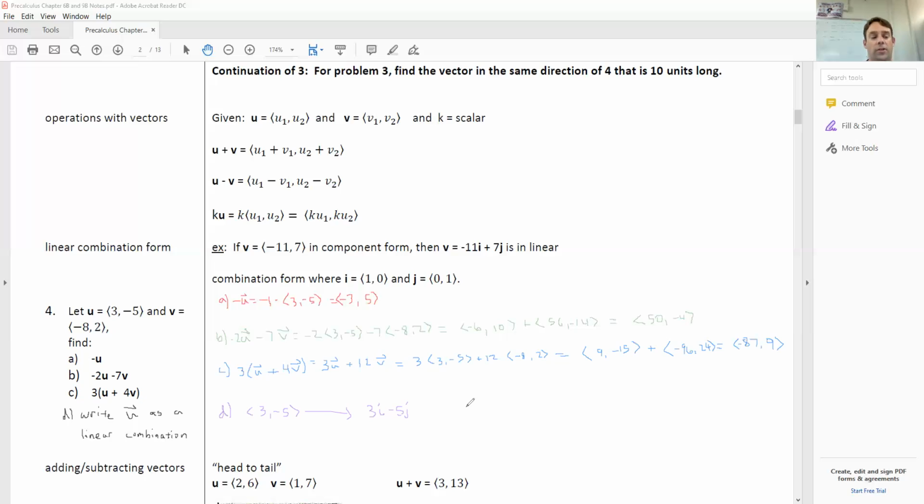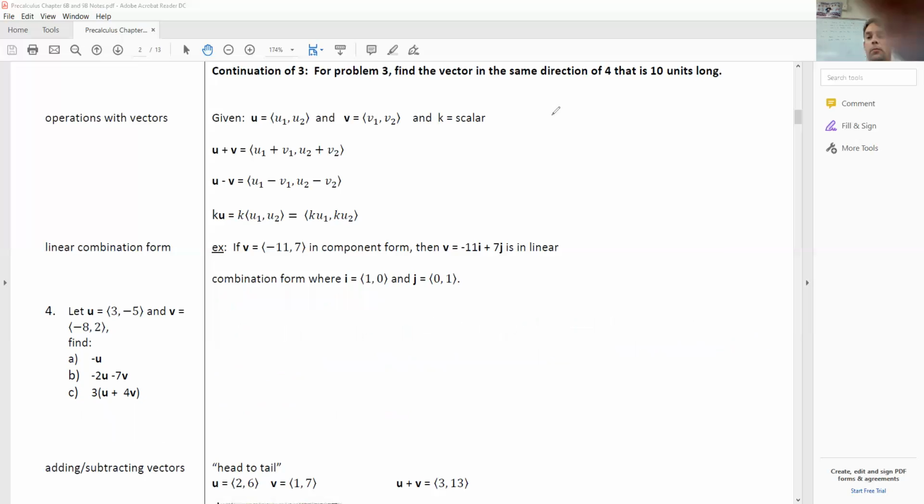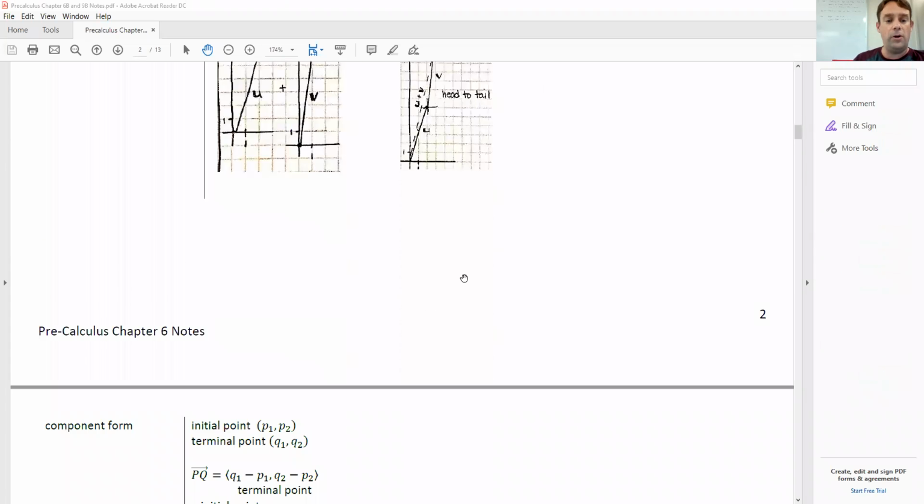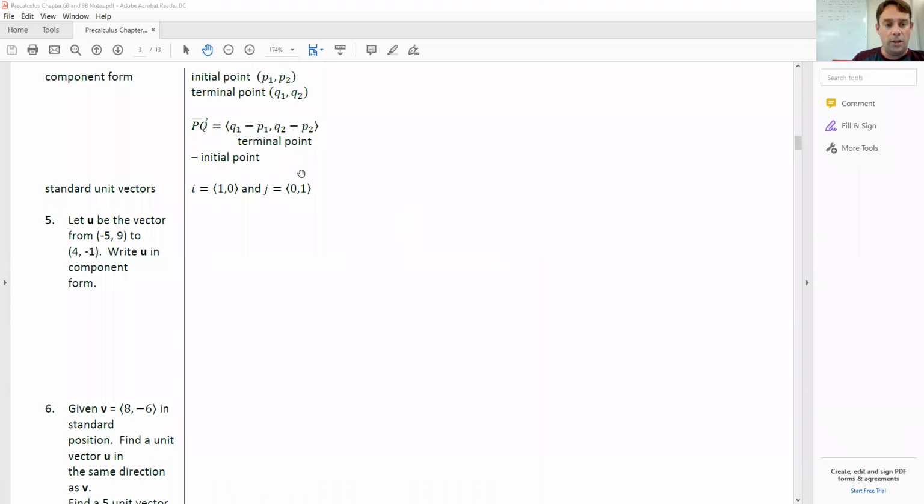Linear combinations. All righty. We're able to just add and subtract our vectors to basically combine them. All right, let's keep going here. We'll play a little more here. And again, more stuff dealing with terminal points and initial points, and more of the standard unit vectors.